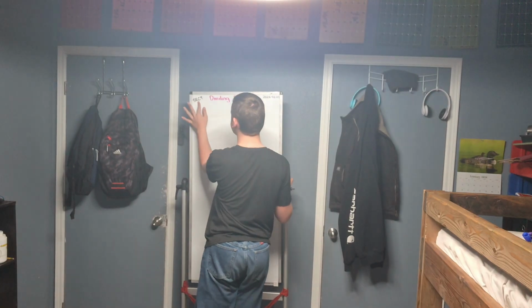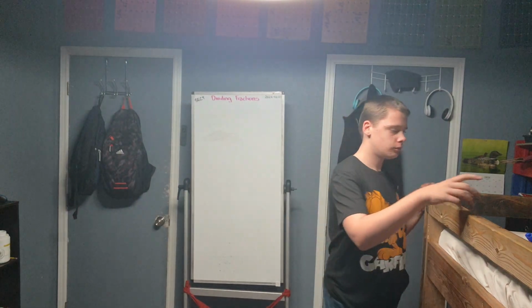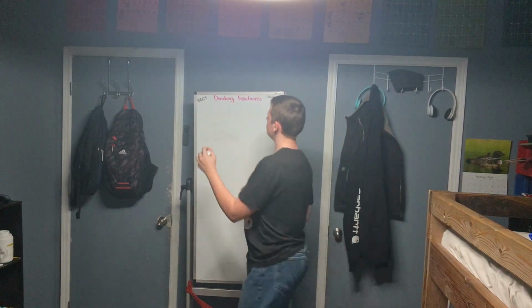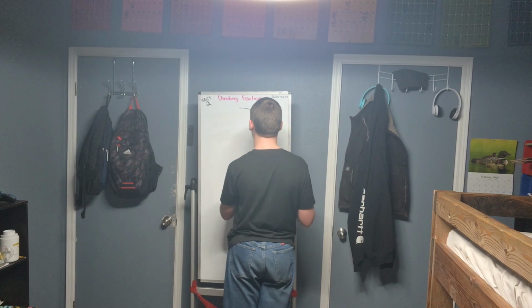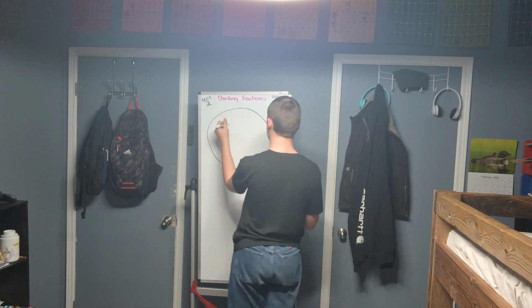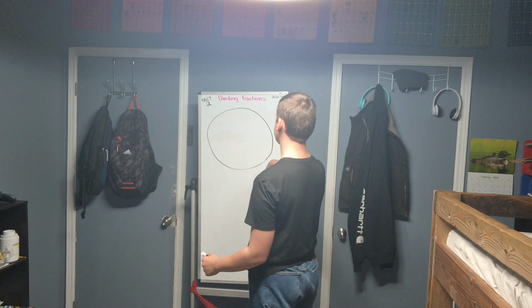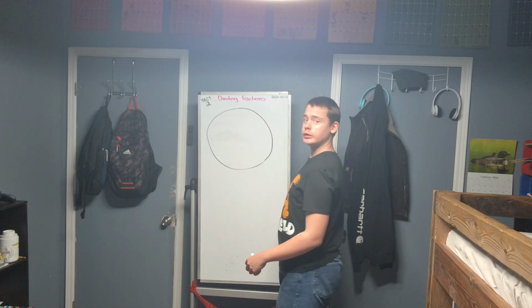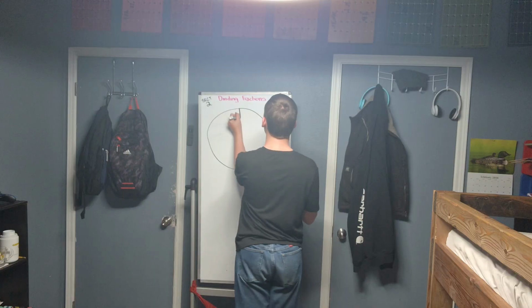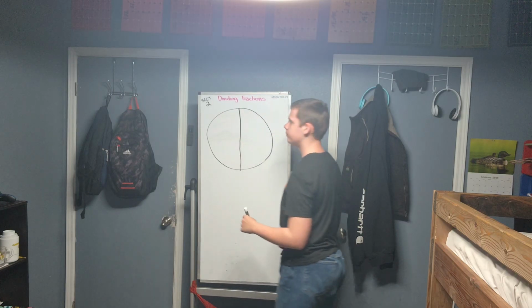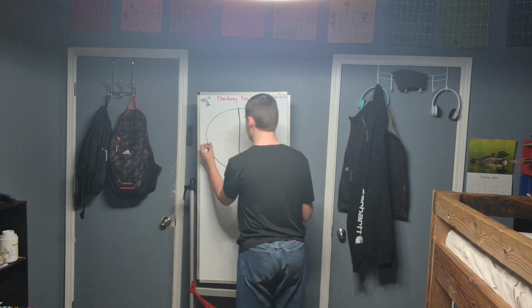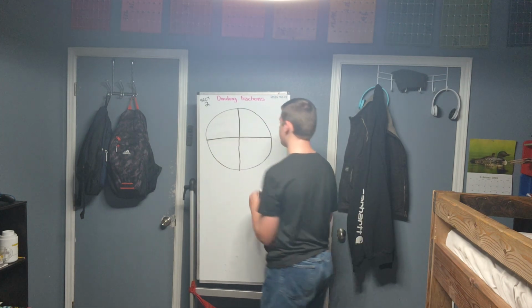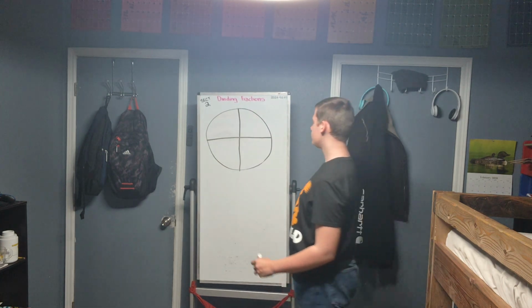Okay, so we're at section 2. This is my best thing for drawing a circle, so I'm going to cut it in half. That's 1/2 of it. I'm going to cut each half in half. That's a quarter.